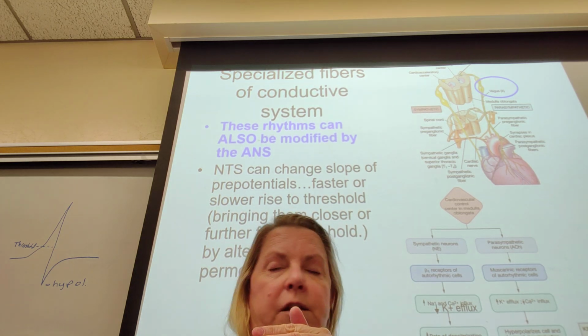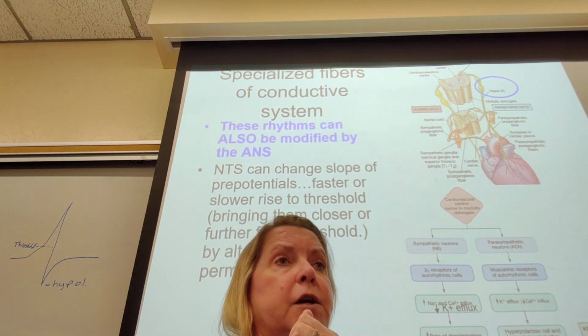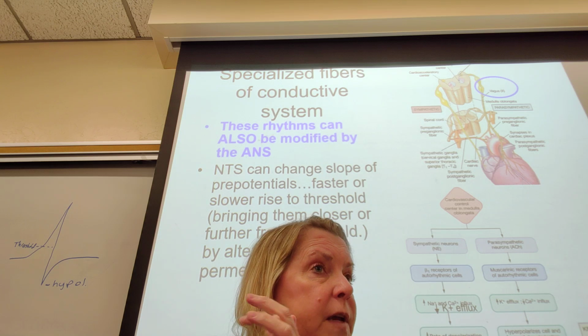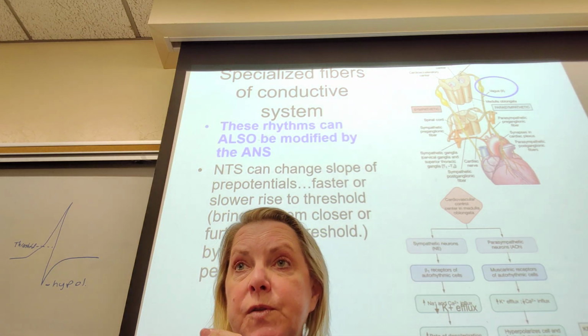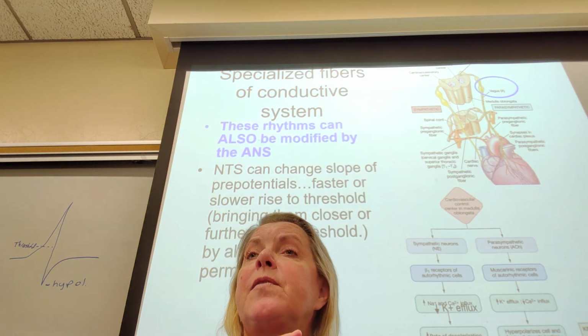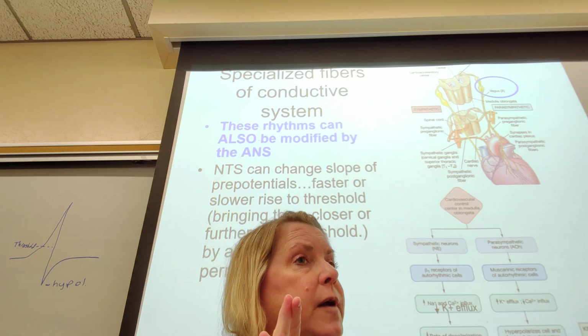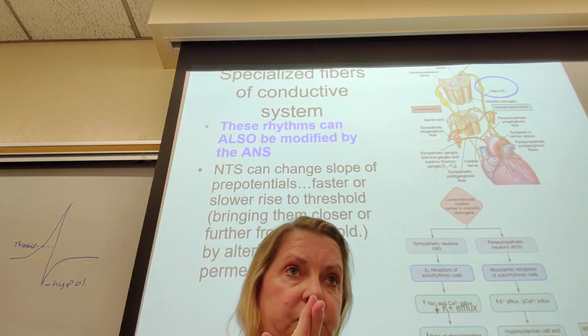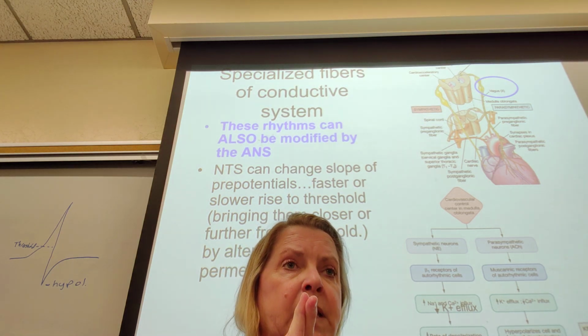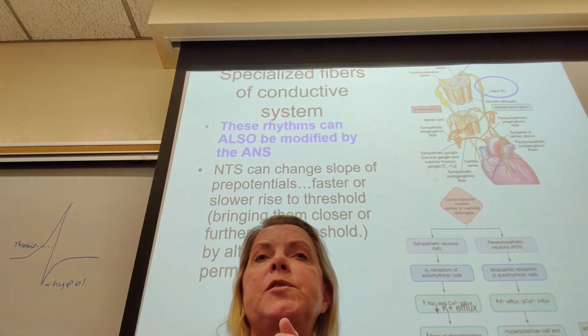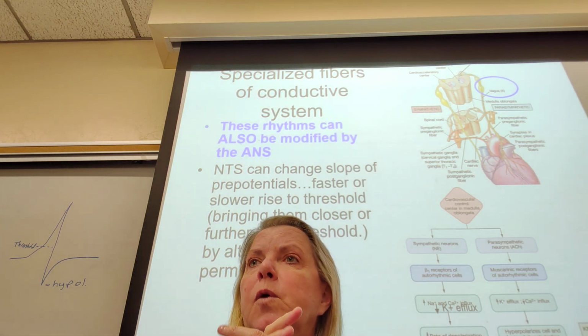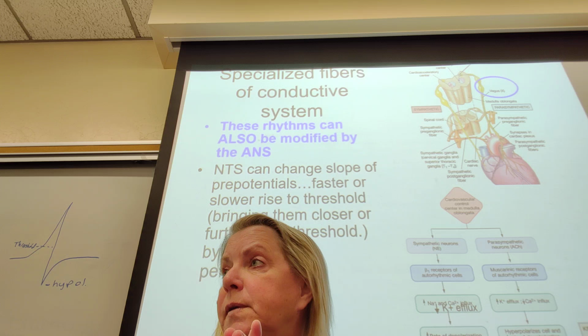The sympathetic nervous system, however, innervates the SA node, AV node, and also the ventricles, which means it can increase heart rate and the force of contraction. In a clinical setting, when we talk about heart rate, we talk about chronotropy.